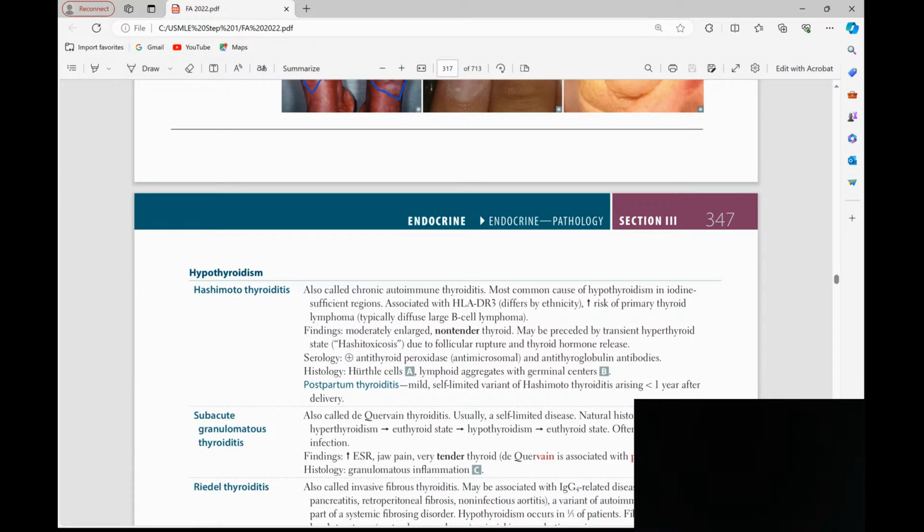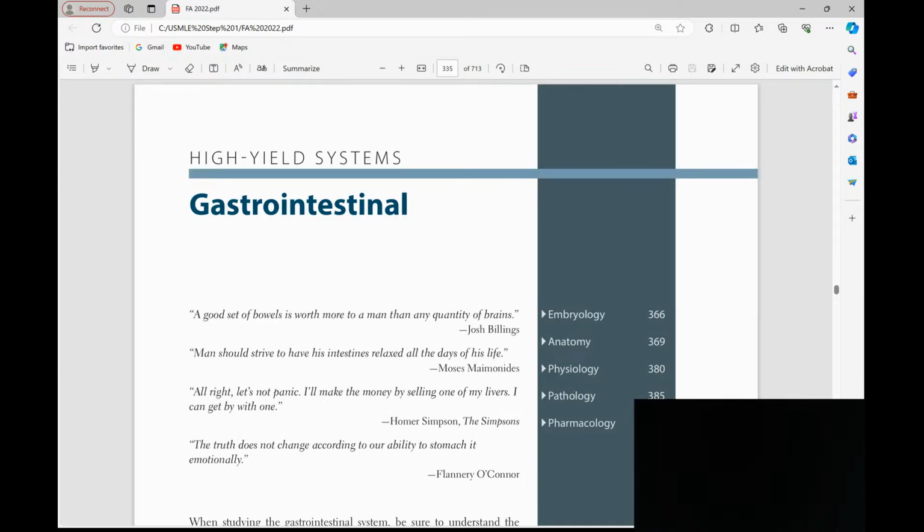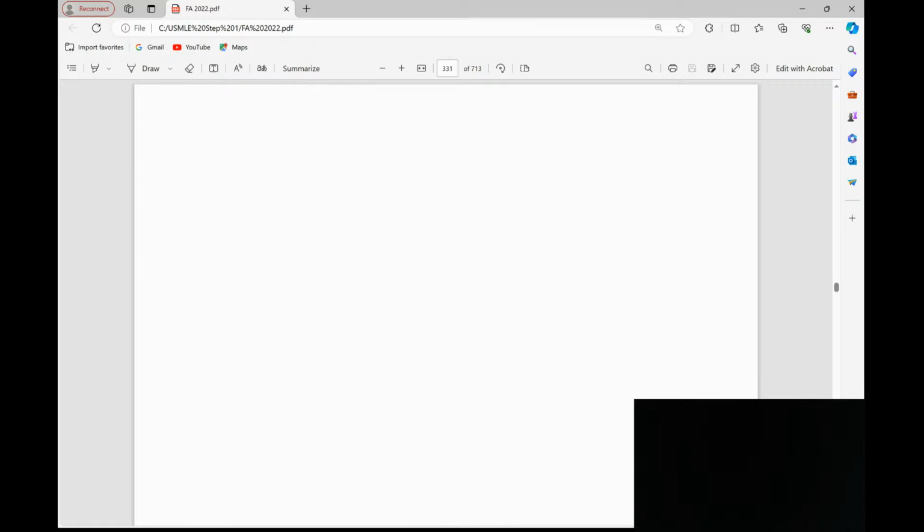So now we need to know about the different causes of hypothyroidism. Number one is Hashimoto thyroiditis. Whenever it is thyroiditis, that is inflammation of the thyroid gland, there will be some pathology, and it more often leads to hypothyroidism.